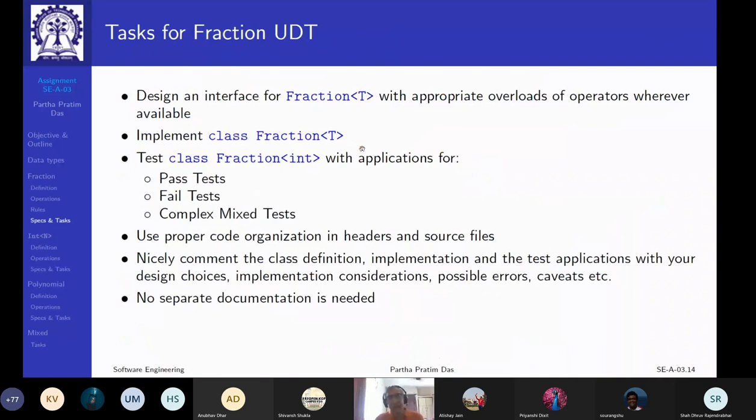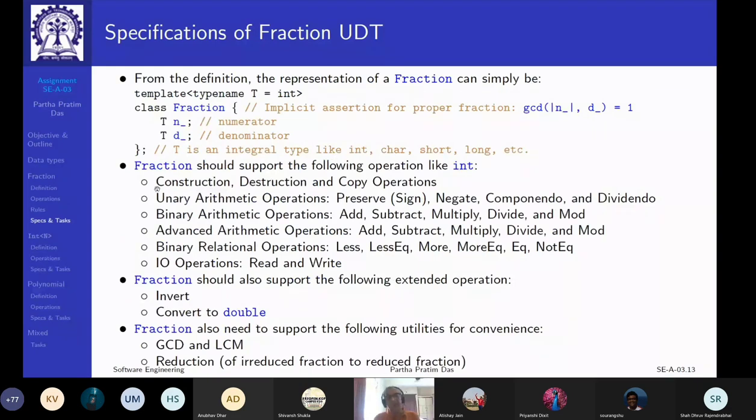So based on this, the actual task of the assignment will start. You now have to design a complete interface for fraction T, where T is the underlying type on which the fraction is being defined. And in that process, you have to appropriately overload operators wherever applicable. When we talk about the design of the interface, that necessarily means, if I go back one slide, you have to give the signature of the default constructor.